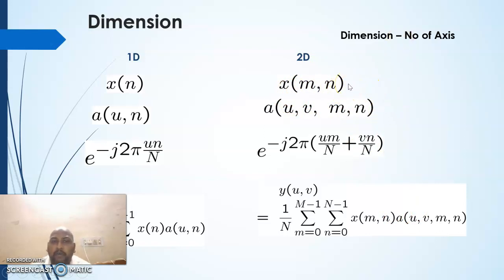Images are represented in two-dimensional, whereas signals we can represent in one dimension. So x of m comma n can be considered as the image.